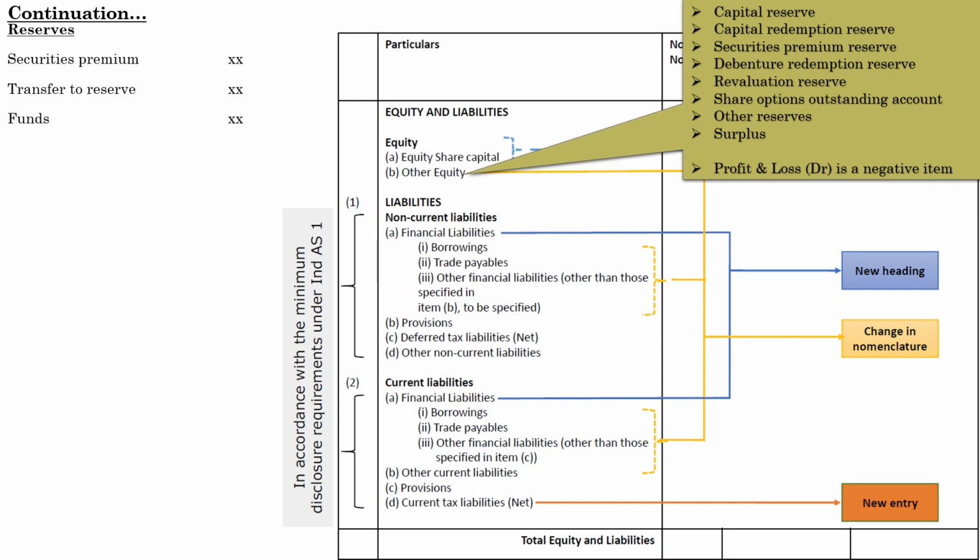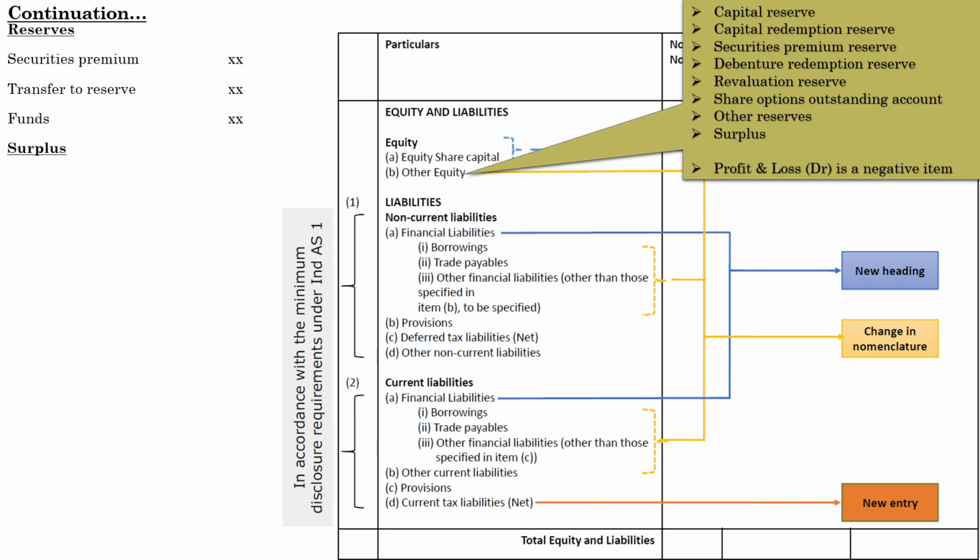When such a transfer occurs, the reserves balance will increase. So when there is a transfer, you have to add it. If there are any extra funds with regard to reserves, you have to show them here. It will specifically mention any funds with regard to reserves that have been created or added to the reserves. So it should be added. So these items have to be added apart from these reserves. So any reserves given in the question, consider under the reserves category. Don't worry about it.